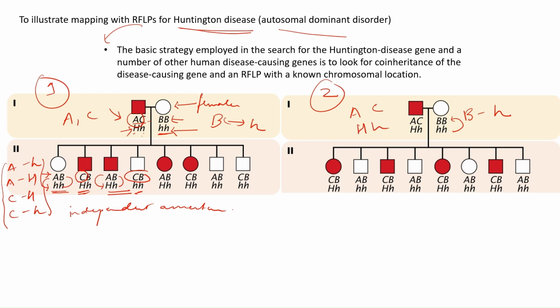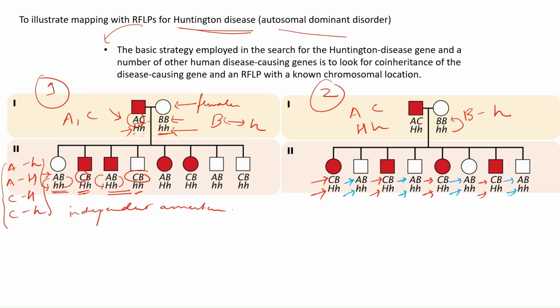Now what we can see here is capital C in offspring 1, capital H, capital C, capital H, again C, capital H, again C, capital H. Whereas with A, small h, A, small h, A, small h, A, small h.